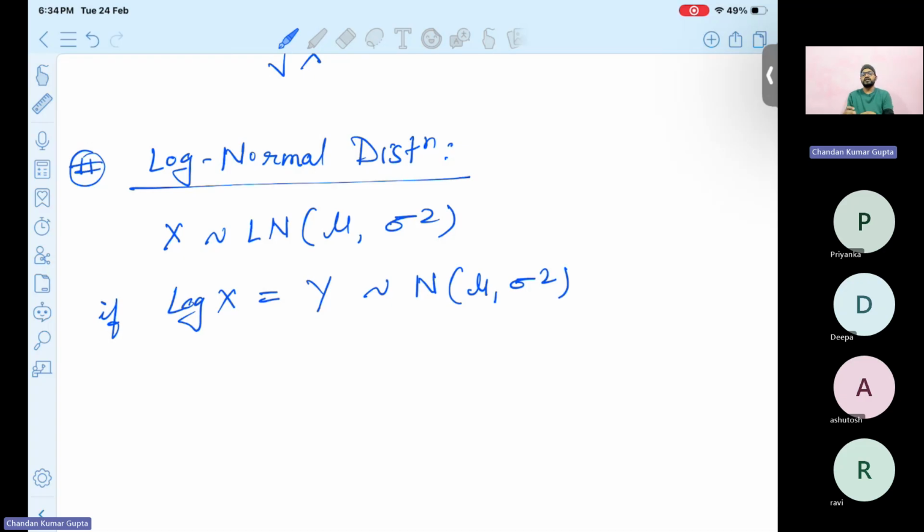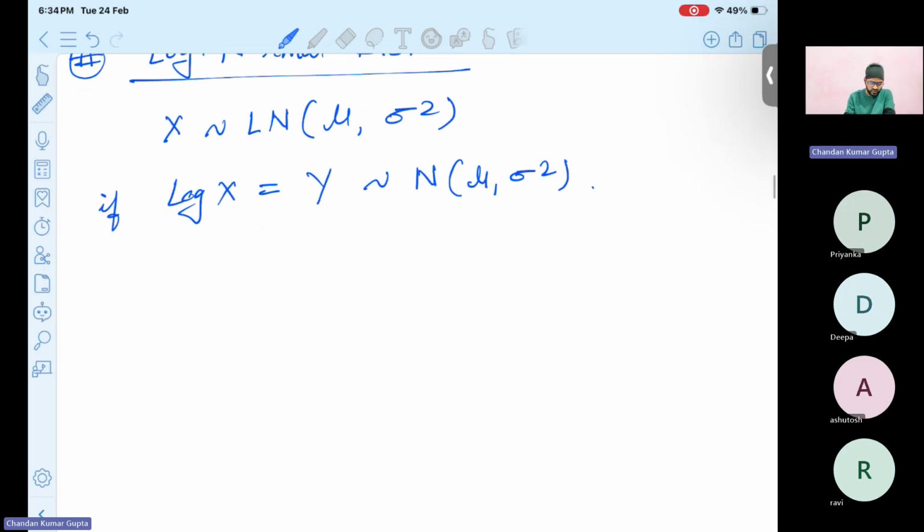So a random variable x is said to be log normally distributed when the log of that random variable is normally distributed with the same parameter values. This is the log normal variate and log normal distribution.